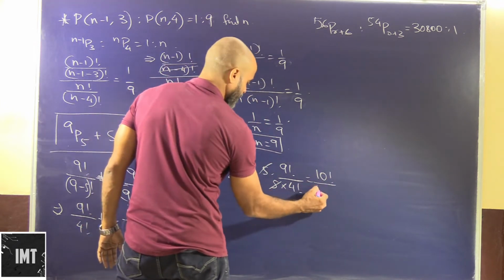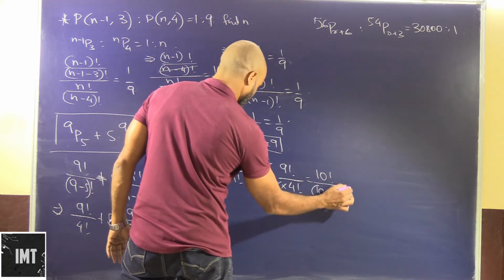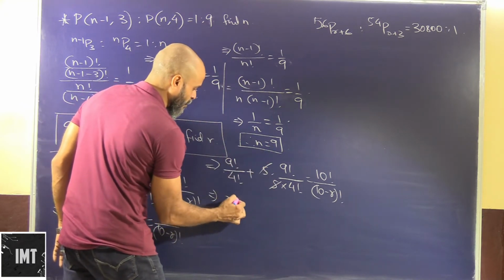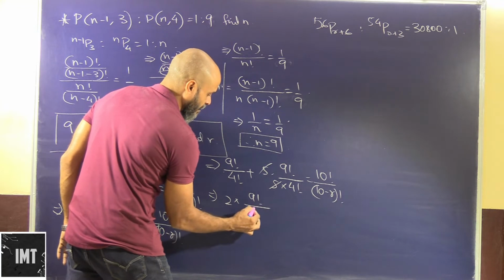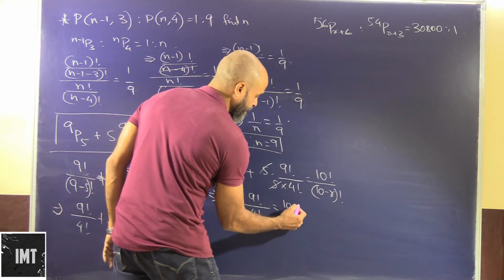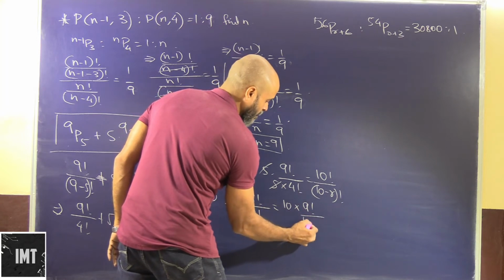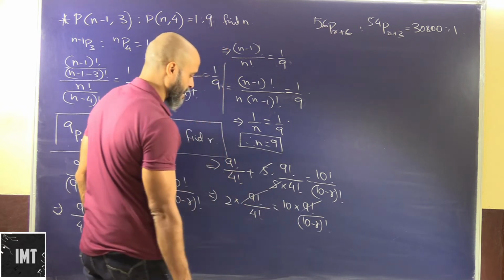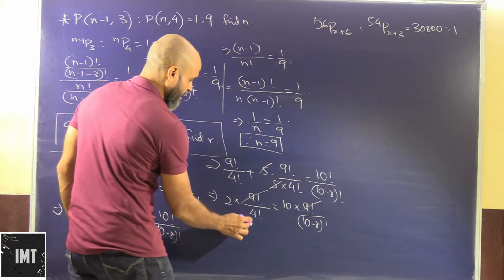We have 10 factorial upon (10-r) factorial. So in this case 9 plus 9, so this will be 2 into 9 factorial upon 4 factorial is equal to, so we can expand this as 10 into 9 factorial upon (10-r) factorial. So in this case the 9 factorial part gets cancelled. Here we have 4 factorial.